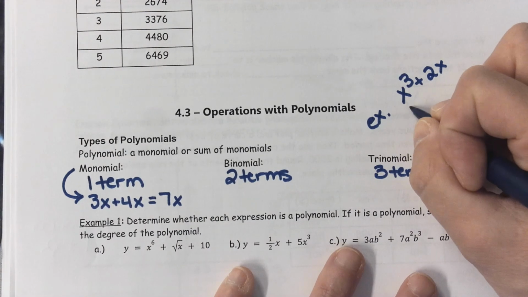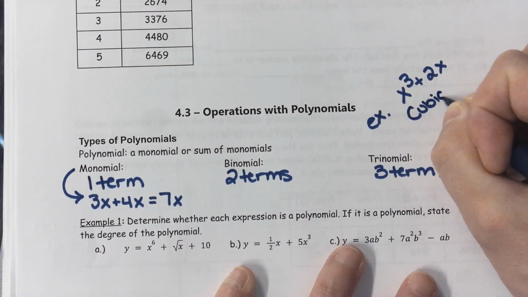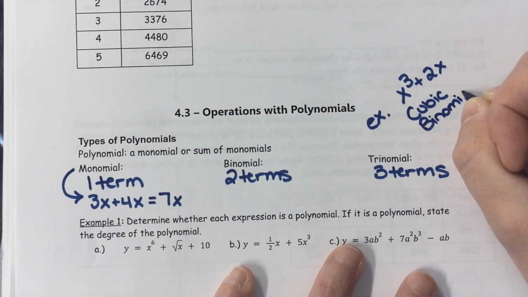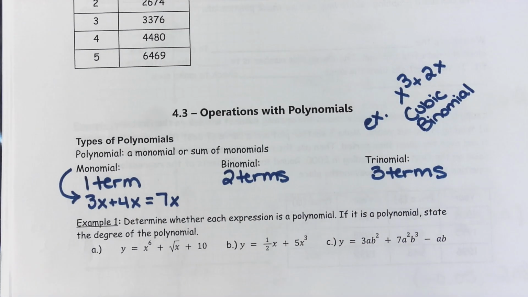So we would call this a cubic, how many terms? Binomial. So typically, when we name our polynomials, they get a first and a last name, just like we have a first and a last name. They don't get a middle name. The first name would be based off the degree, and the last name would be based off of how many terms.